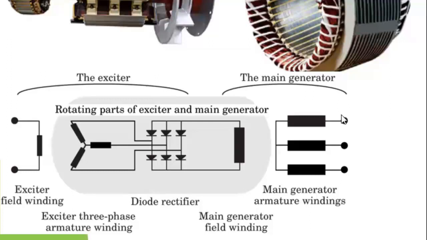Then when you probe between line 1 and line 2, you are taking the resistance of these two windings, let's say the U phase and the V phase.